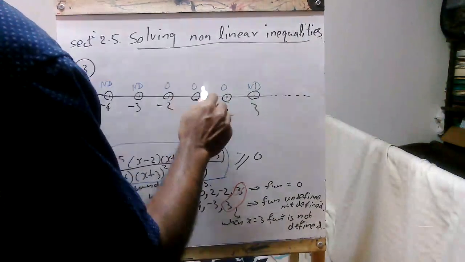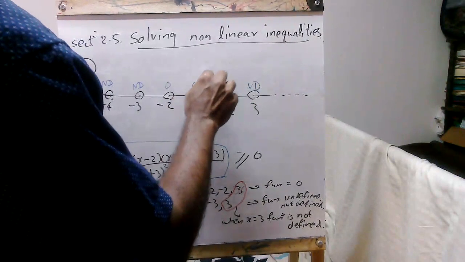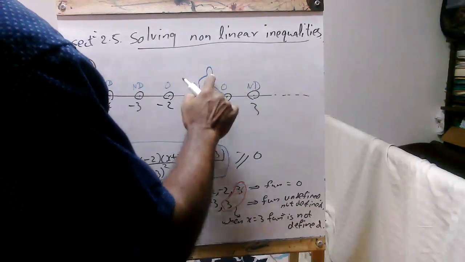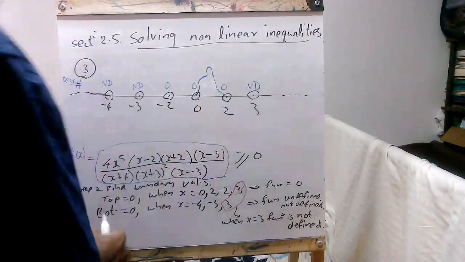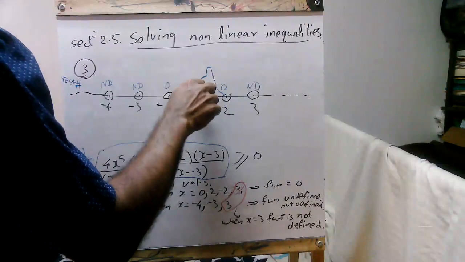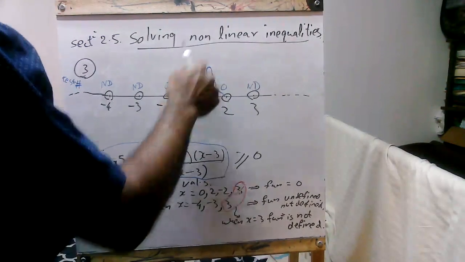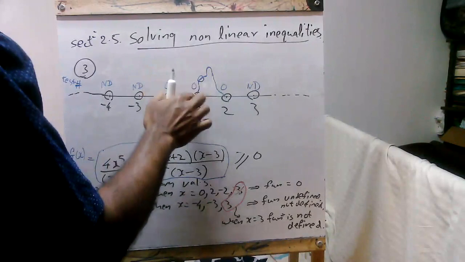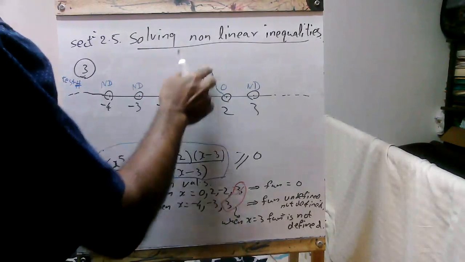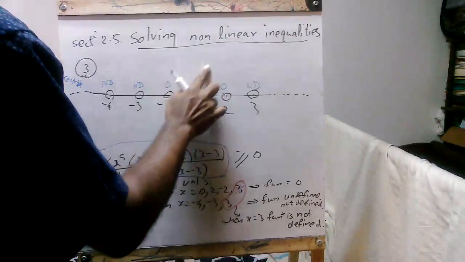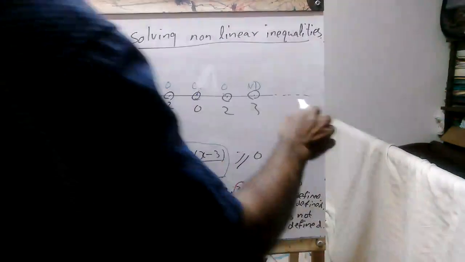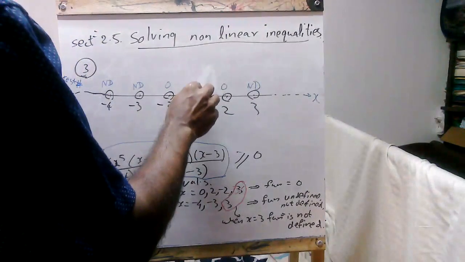The function can be any shape in between, something like this. If you find one point is positive, the whole thing between these two is positive, meaning above the x-axis. You may assume this is the x-axis.